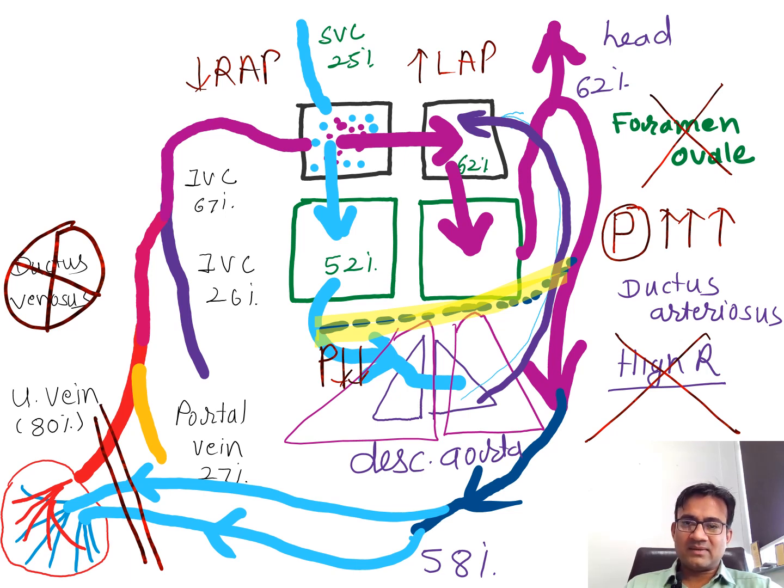Now the direction will reverse, from this to this. After some time, functional closure will occur because of the change in the pressure gradient between aorta pressure and pulmonary trunk pressure, and then slowly the ductus arteriosus will close.